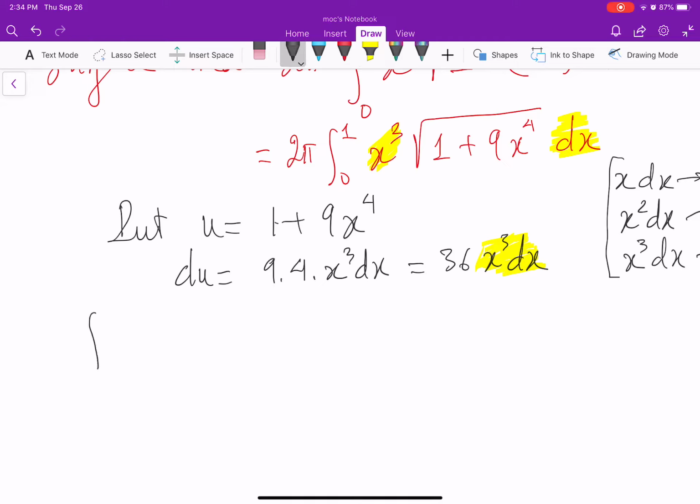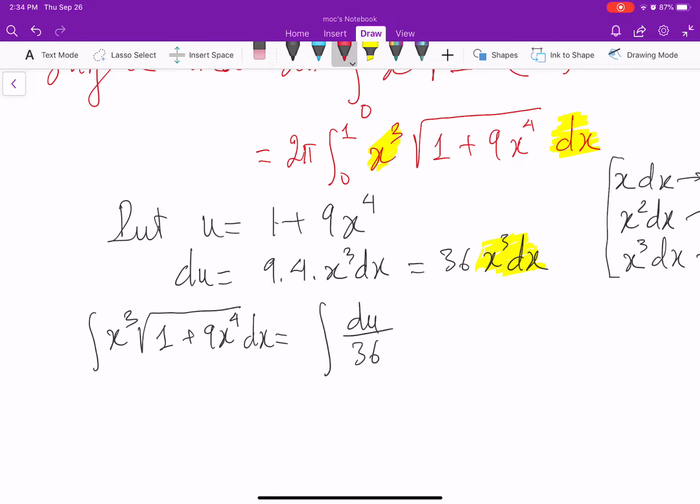Okay, so I write the antiderivative of x cubed square root of 1 plus 9x to the 4 dx equal to, x cubed dx is du over 36. So if you divide both sides of this equation by 36, you will get x cubed dx is just du over 36. Then I write 1 over 36, and then square root of u du, because you already put u equal to this.